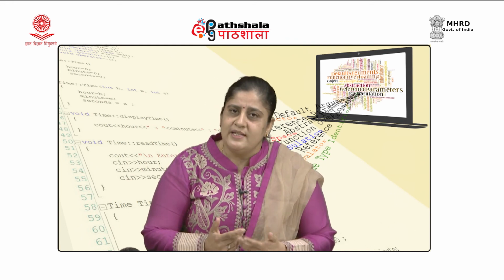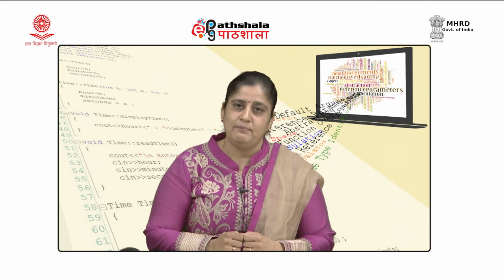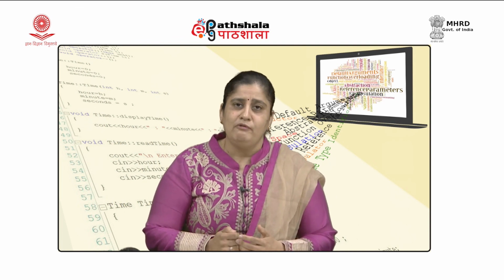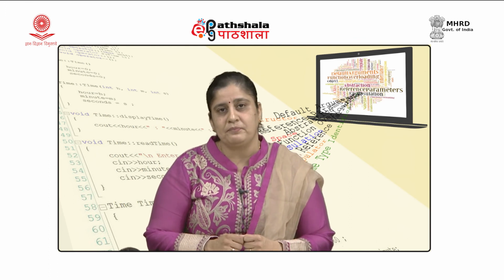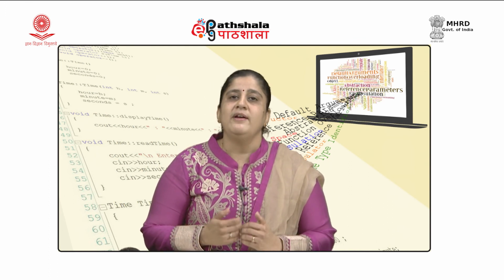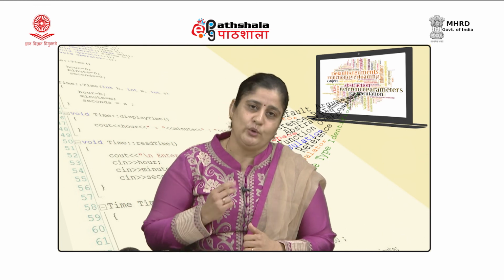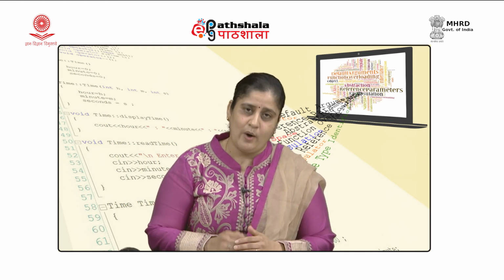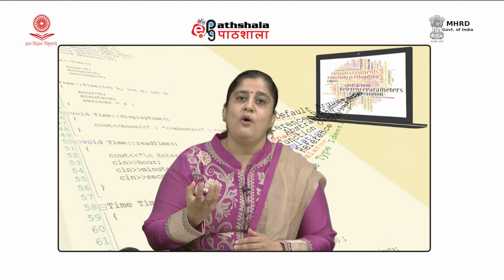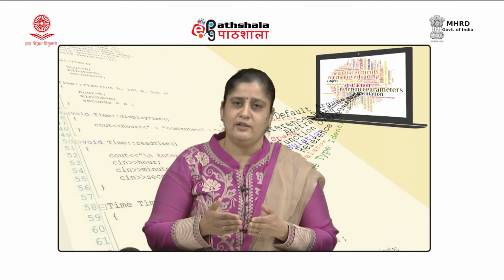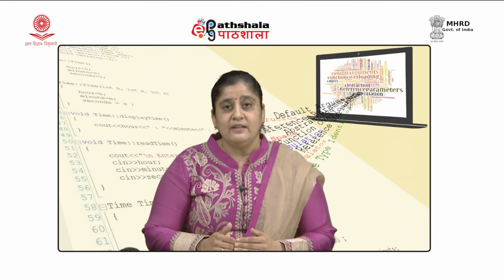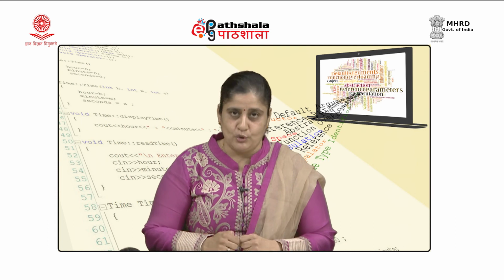But before we see how to create a data type on our own, first of all we need to understand what it means to define a data type. Well, if we want to define a data type, we need to define 2 things. One, what values a variable of that data type can store. So, we need to define the set of values, it may be in the form of a range also, that the variable of that data type can store.